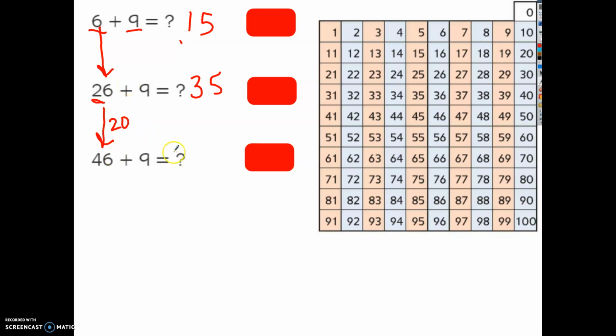So that means my answer for this problem has to be 20 more than that problem. I can come to my grid, start at 35, add on 20, 10, 20. My answer is going to be 55. It's just another strategy to use to add bigger numbers.